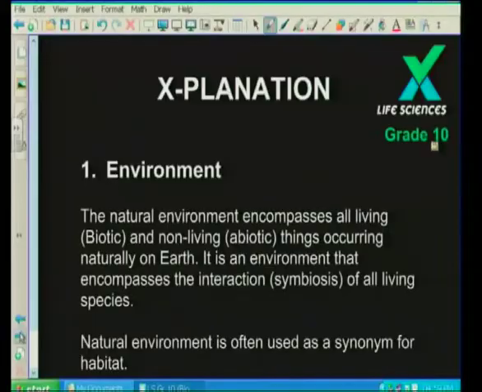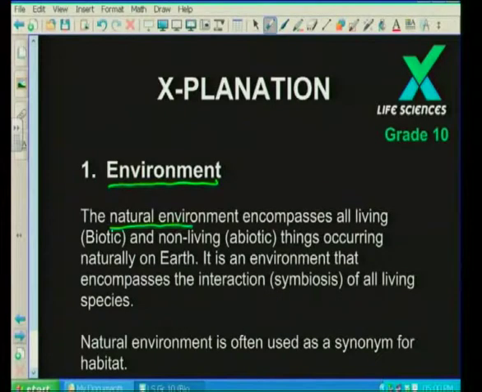That brings us straight on to the word environment. Now, what is the environment? Another word for environment is habitat. So what is habitat? Habitat is a place that you live in, or that an organism lives in. So it's the home of an organism.